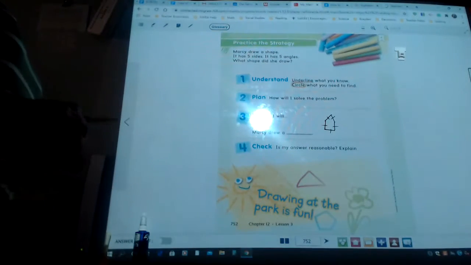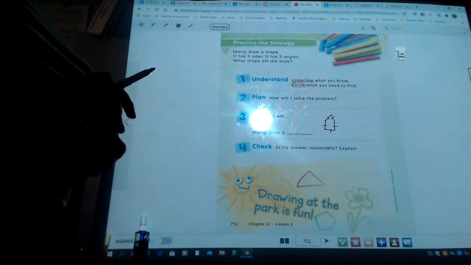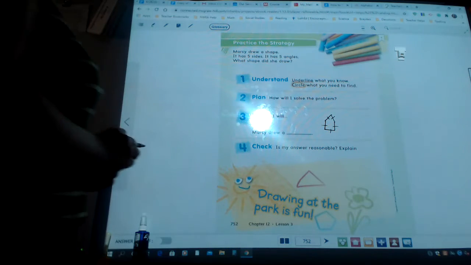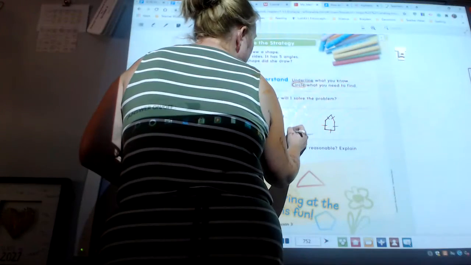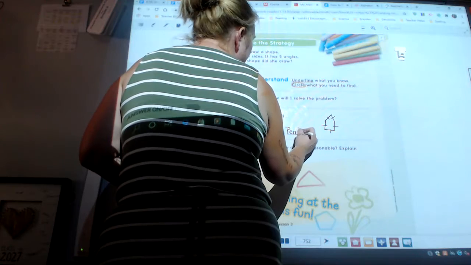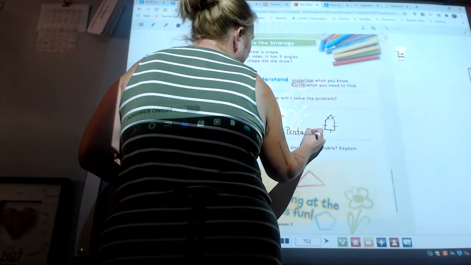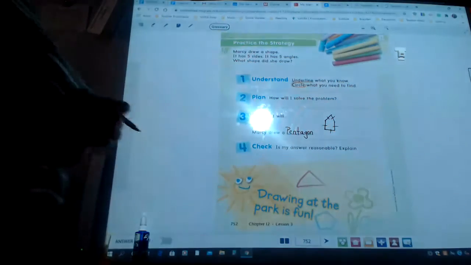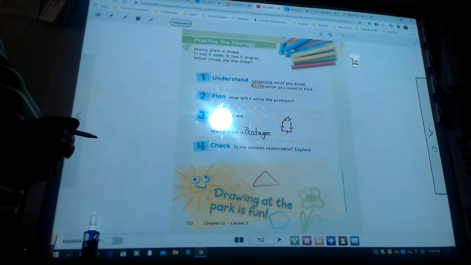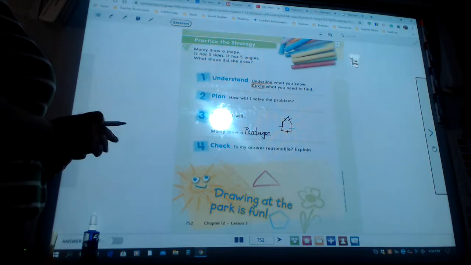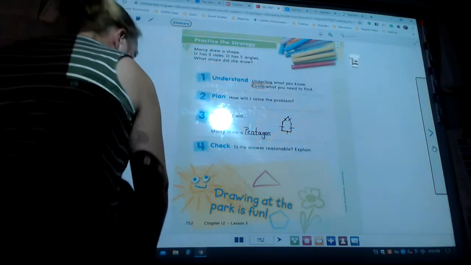What do we call a 5-sided, 5-angled shape? Hopefully you said pentagon. So Macy drew a pentagon. And that's what you'd write there. Hopefully you guys can see that and it's not glaring too much. Okay? Well, let's move on to our next page. That was easy enough, right?